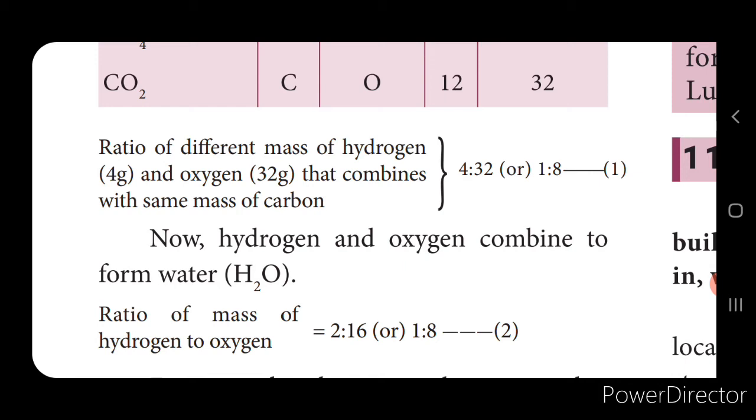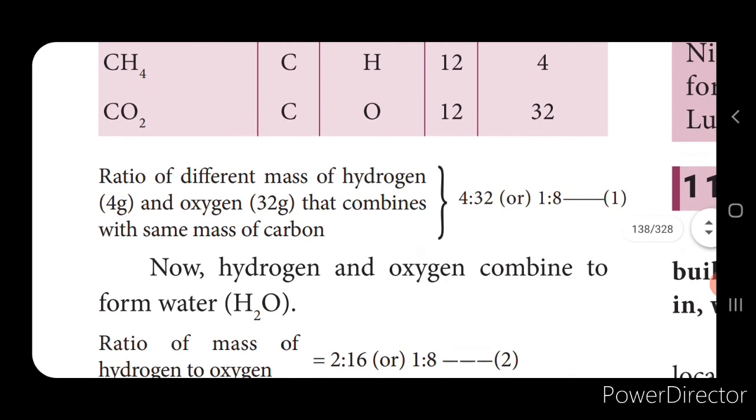Now let me state the law. If two different elements combine separately with the same weight of a third element. What are the two different elements? Hydrogen and oxygen combine with the same weight of the third element. What is the third element here? Carbon, isn't it? Then the ratio of the masses in which they combine is either the same or a simple multiple of the ratio in which they combine with each other.